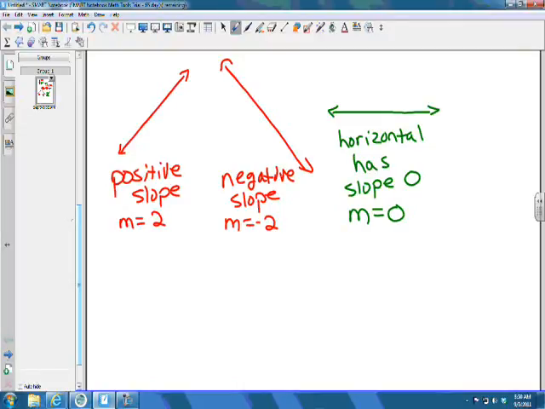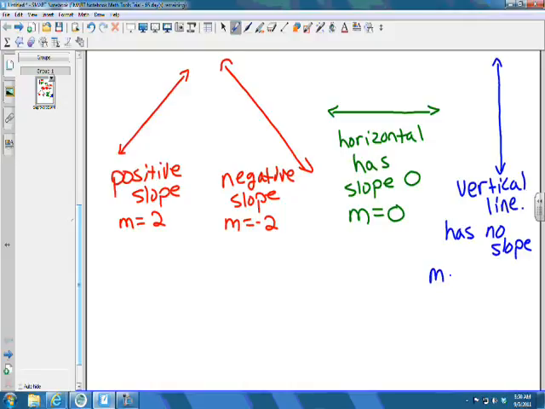Because a vertical line has no slope. Slope is undefined. Those are the two big ones right there, vertical and the horizontal. Those are the ones that cause the most problems.